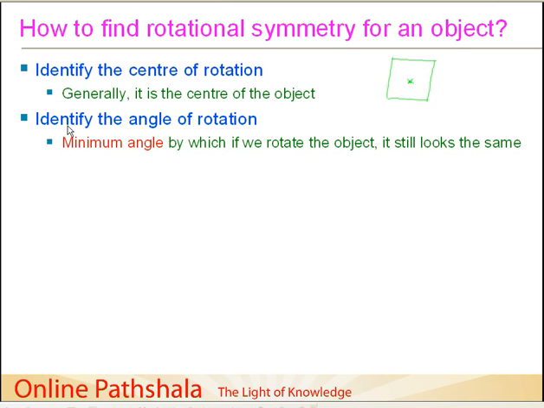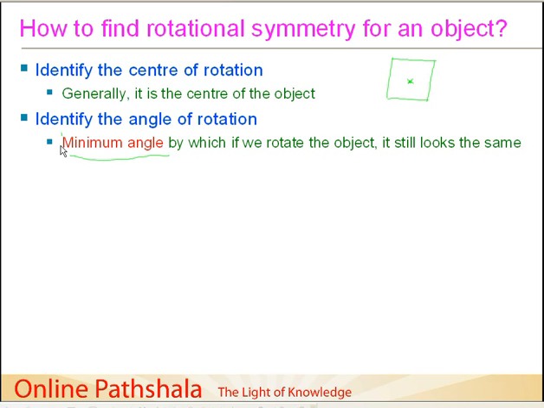Now I did mention that we rotated the angle by 90 degrees, but why 90 degrees was selected, we did not discuss in detail. So first let me define more clearly what the angle of rotation is. The angle of rotation is the minimum angle by which, if we rotate the object, it still looks the same.